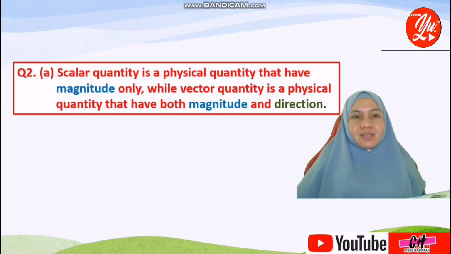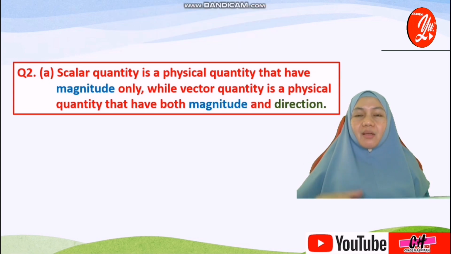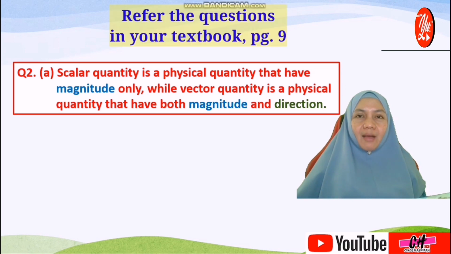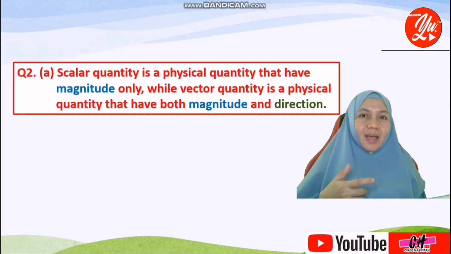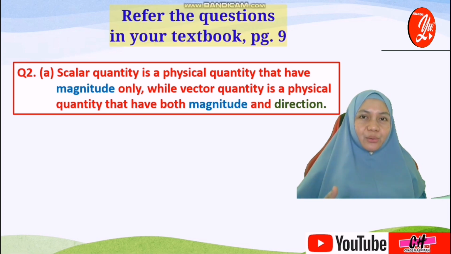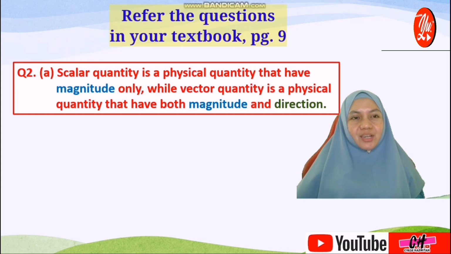Very good. Scalar quantity is a physical quantity that has magnitude only, while vector is a physical quantity that has both magnitude and direction.